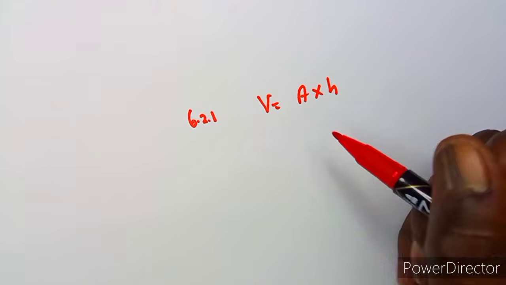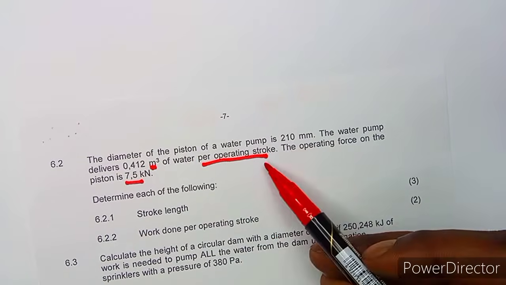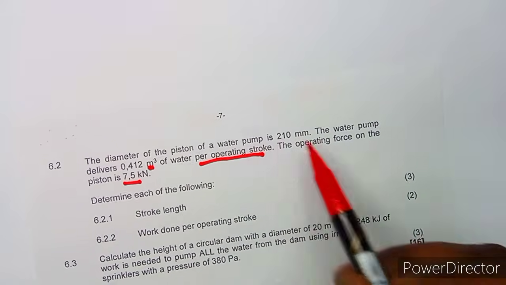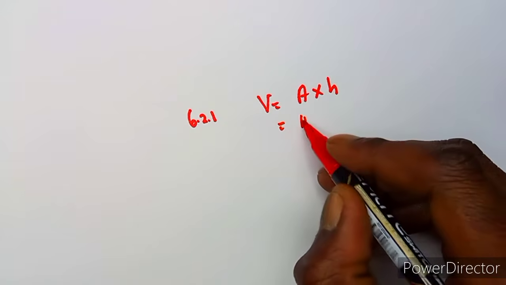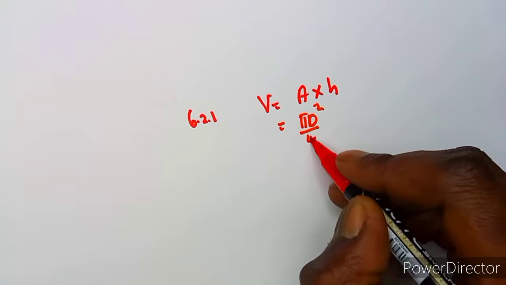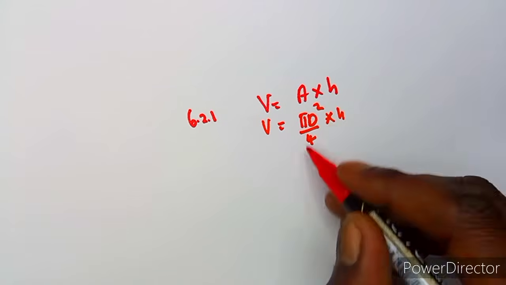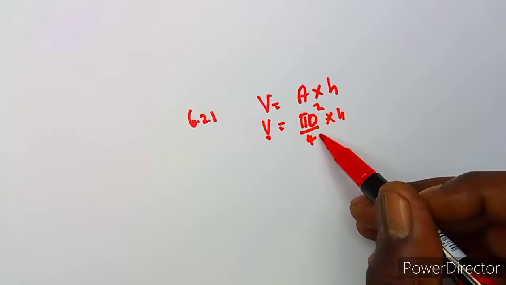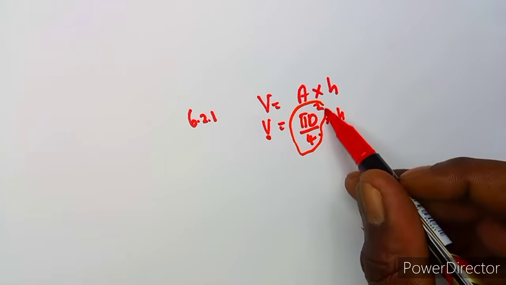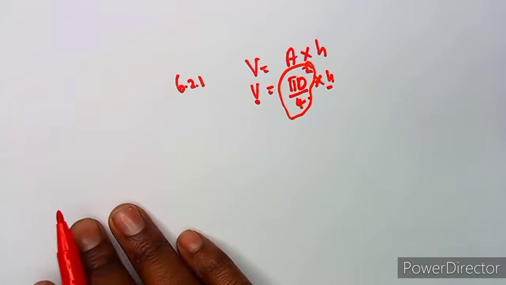This is a circular part because it's a water pump with a diameter, so the area is pi d squared over 4, times the height. So you can play around with this: the volume divided by the area gives us h, which is the stroke length.